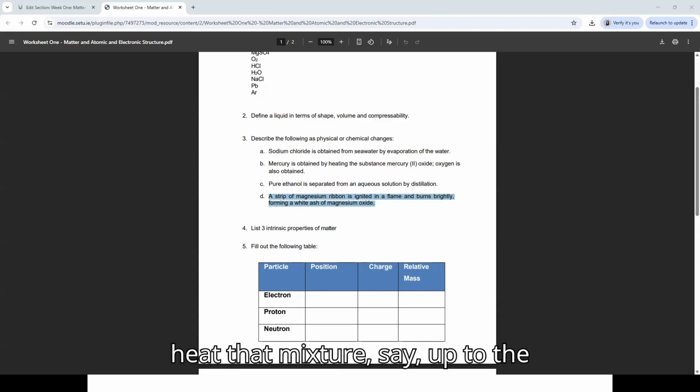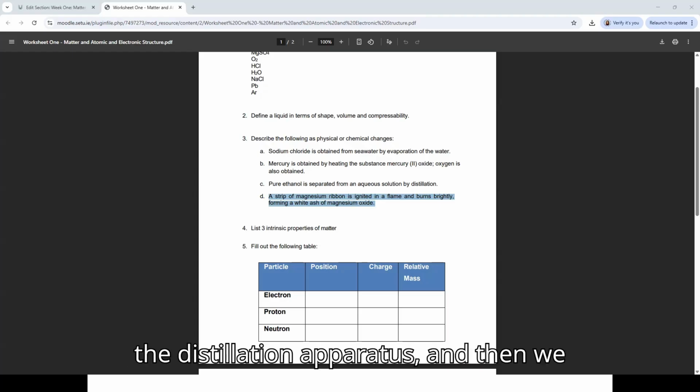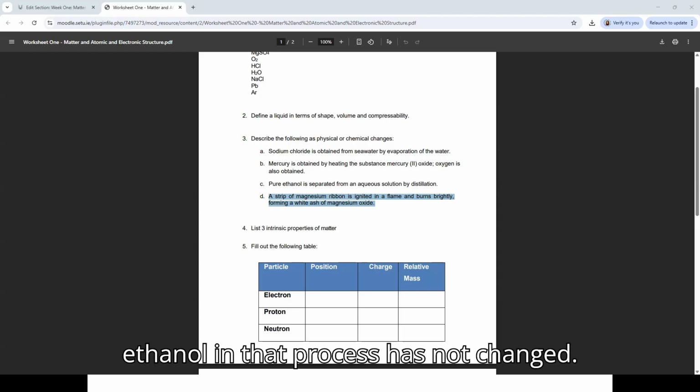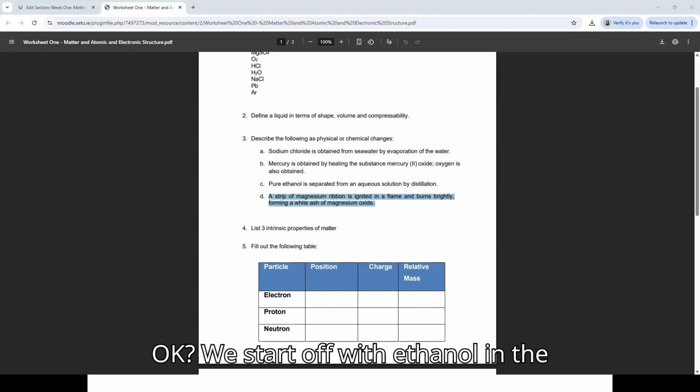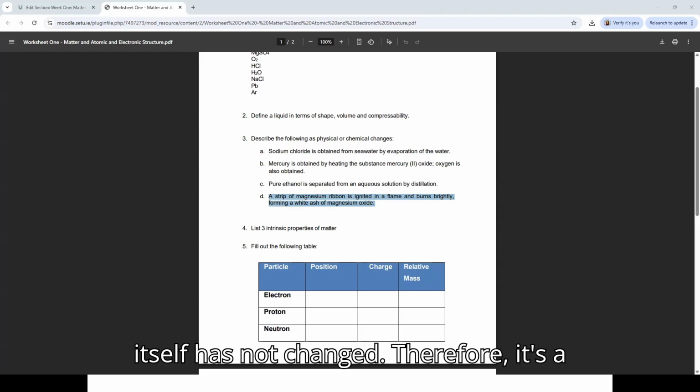But if we heat that mixture, say, up to the boiling point of ethanol, we'll have ethanol vapor that will rise, go down the cooled condensing flask of the distillation apparatus, and then we can collect it as a liquid itself. But ethanol in that process has not changed. We start off with ethanol in the mixture, we increase the temperature to change it into its gaseous form. That condenses back in the distillation apparatus, and then we recollect it as a liquid. So ethanol itself has not changed, therefore it's a physical change.